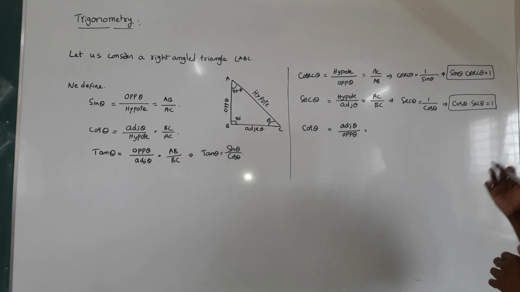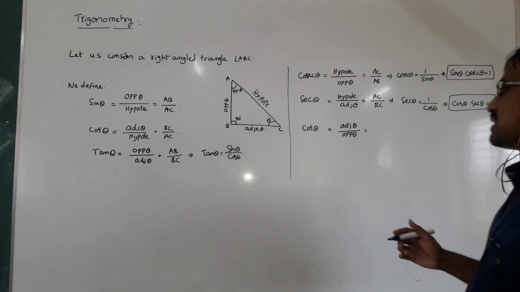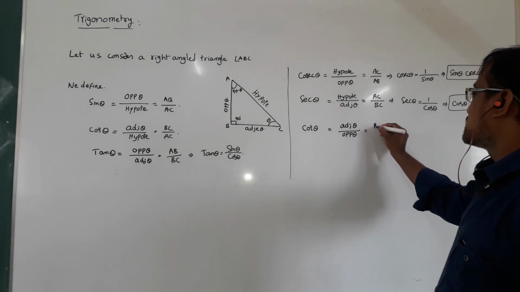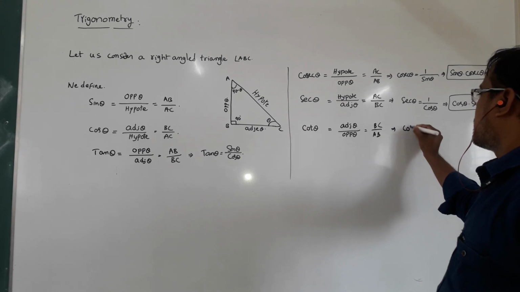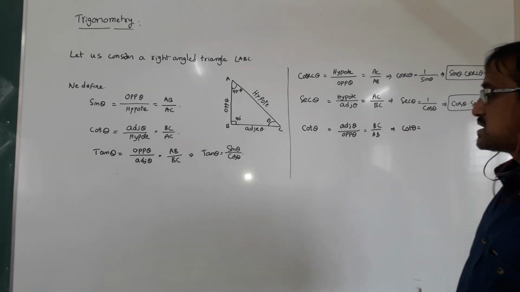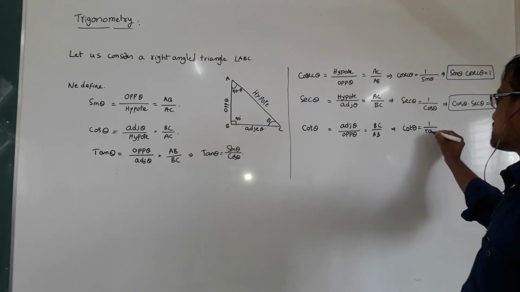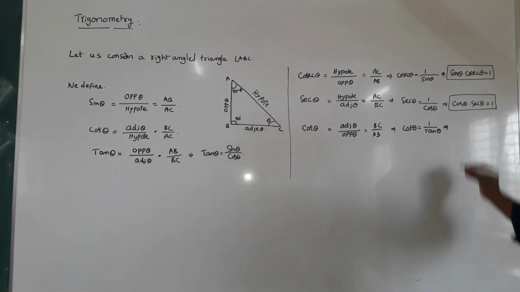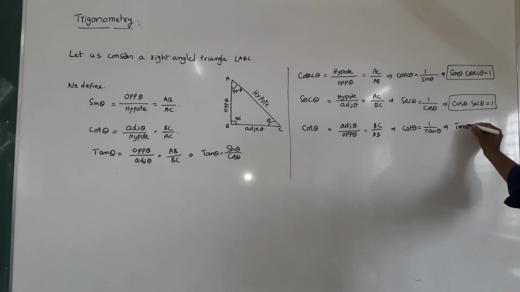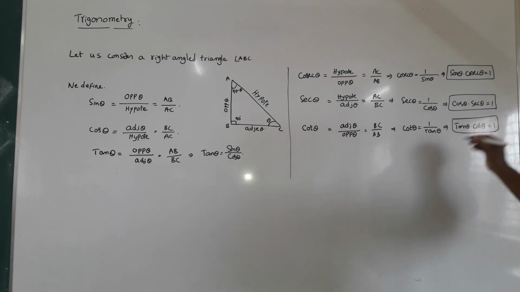So cot theta is adjacent side to theta by opposite side to theta, which is BC by AB. So cot theta is equal to 1 by tan theta, and tan theta into cot theta is equal to 1, since one is the reciprocal of the other.